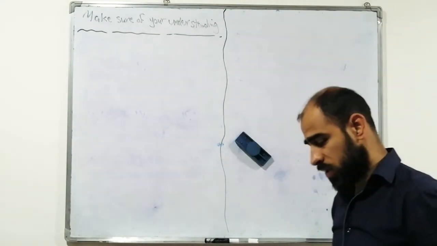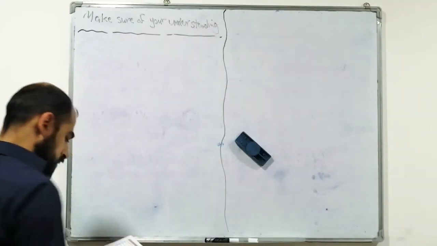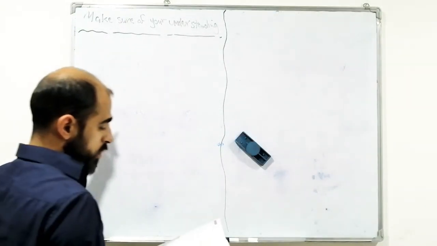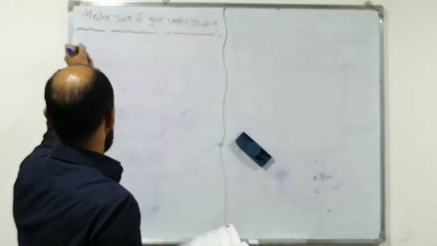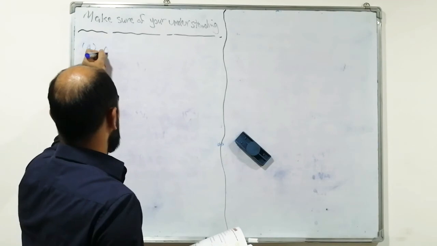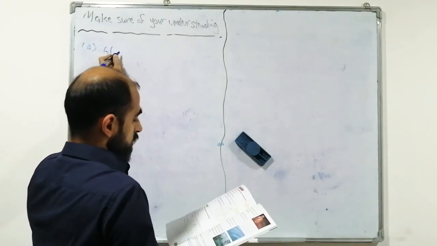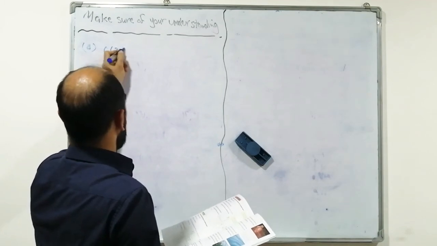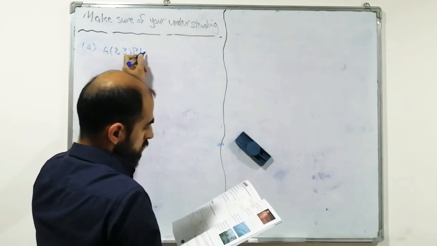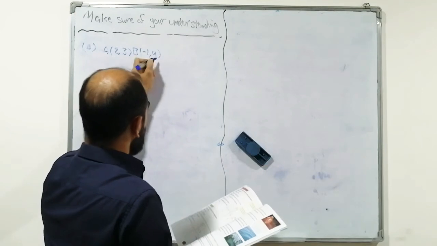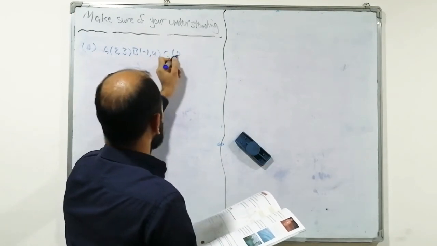Find the translation of triangle ABC whose vertices are A (2, 3), B (minus 1, 4), and C (0, 2).